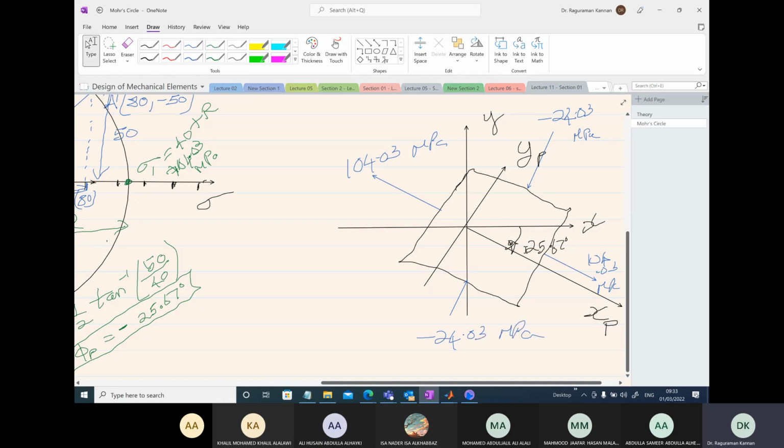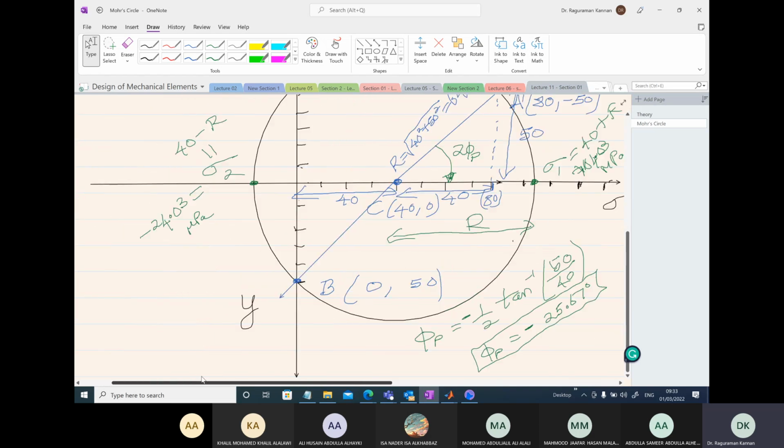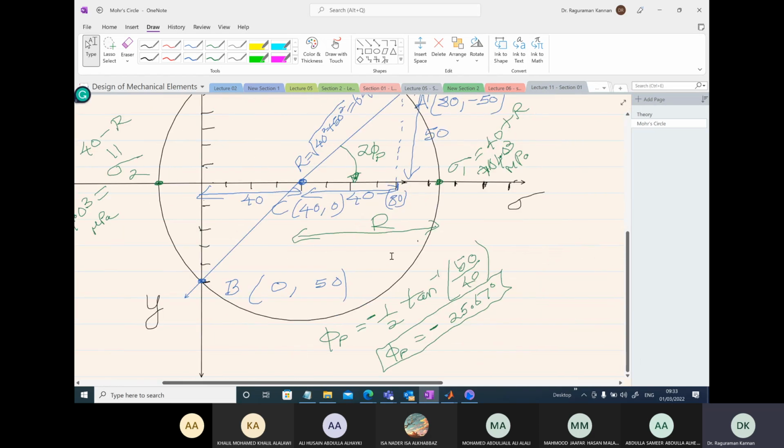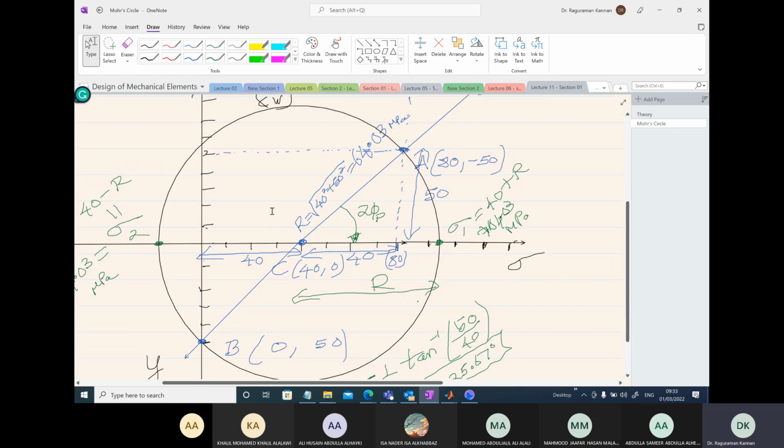So this is the stress element for the principal stresses. Okay, so now what about maximum shear stress? If you are asked to find the maximum shear stress, then we have to draw a vertical line. Okay, so I'm going to draw a vertical line passing through the center.